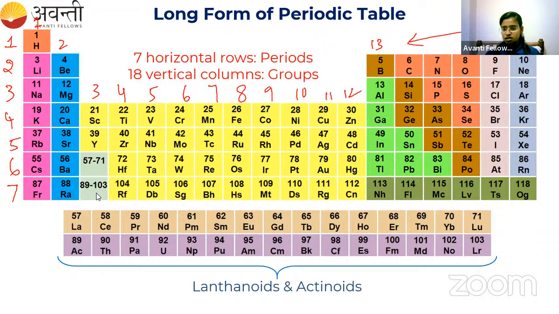Is everything clear? Yes. So this is called the modern periodic table, which is otherwise called the long form of the periodic table. Any doubt, students? Shall I go for the next topic?